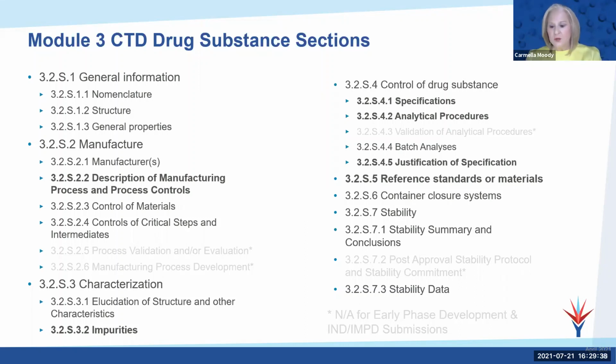And so what I'm showing you here is actually some of the major headings in Module 3, which is the quality section or the CMC section for the Common Technical Dossier. And these are some of the major section headings that are included in the CTD. I'm going to go into detail about a few of these sections, but because I'm not covering everything, that doesn't mean that each and every one of them isn't as important.